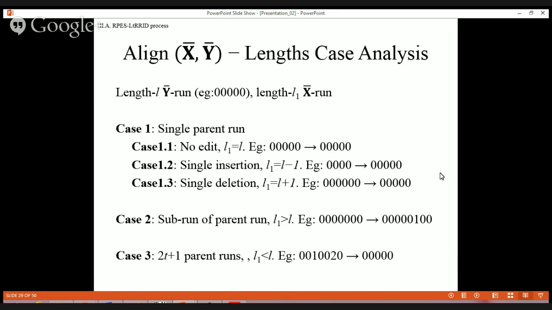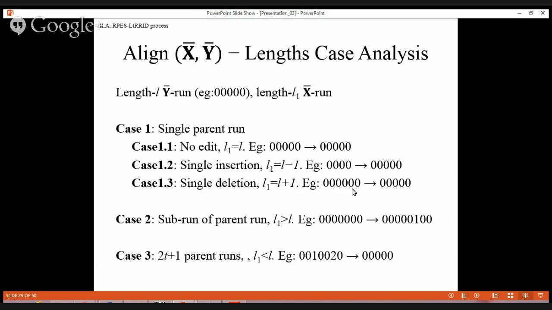Case 1.2 is a single insertion in the parent run. Hence, L1 will equal L minus 1. In this example, a length 4, 0 run with an insertion of another 0 obtains a length 5, 0 run. Case 1.3 is a single deletion. In this case, L1 equals L plus 1.